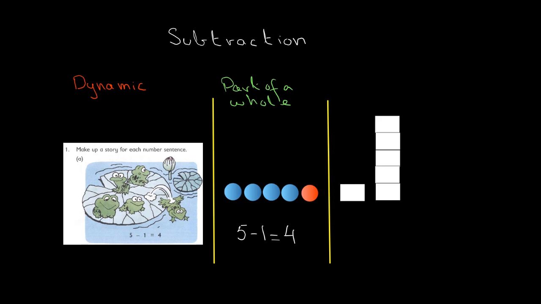Okay. And the third interpretation is difference. So what do I mean by difference? I'll say that person A has 1 block and person B has 5 blocks. How many more blocks does B have as compared to A? And the answer is still 5 minus 1 is equal to 4.